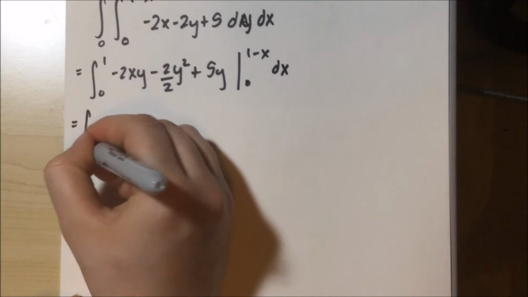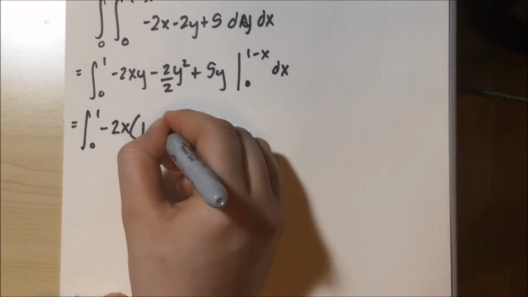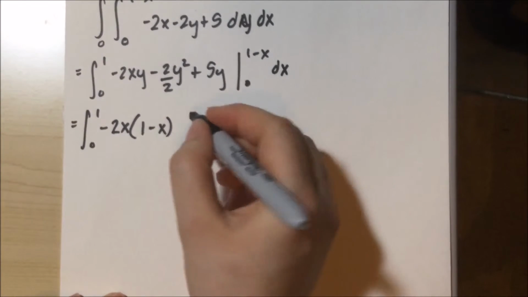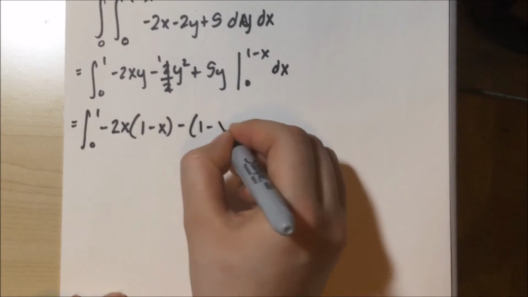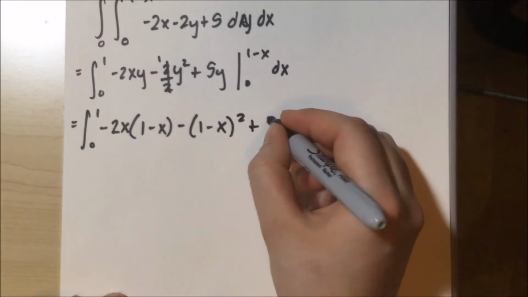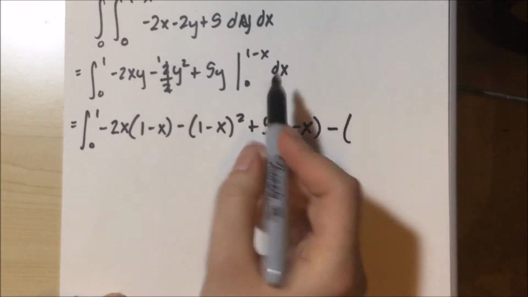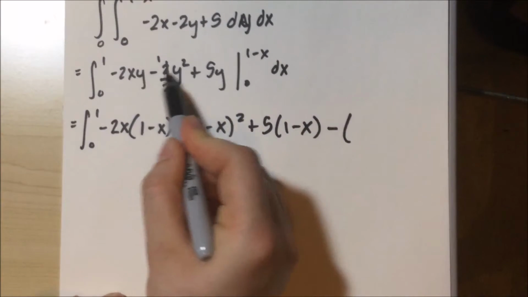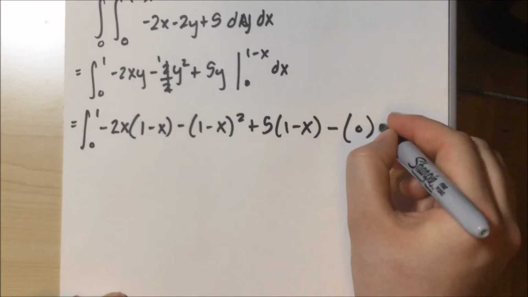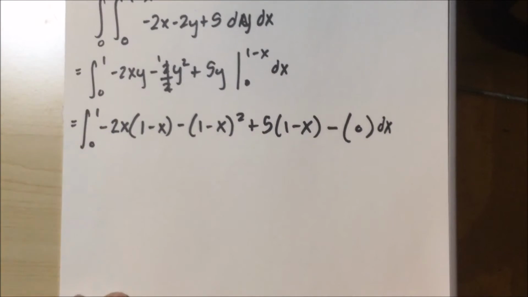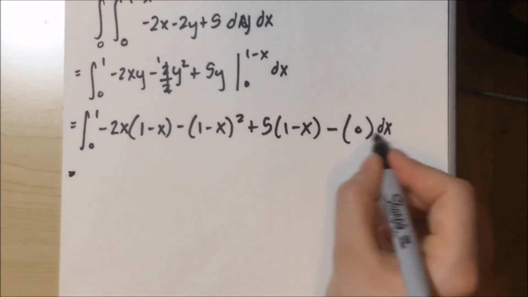I have the integral from 0 to 1 of negative 2x times 1 minus x, because that's what y is, and this 2 cancels out to 1, minus 1 minus x squared, plus 5 times 1 minus x. Minus, now when I plug in 0 here, they all have a y, so this is all going to cancel out to 0, dx.